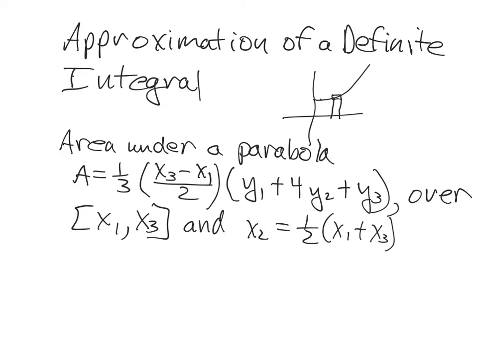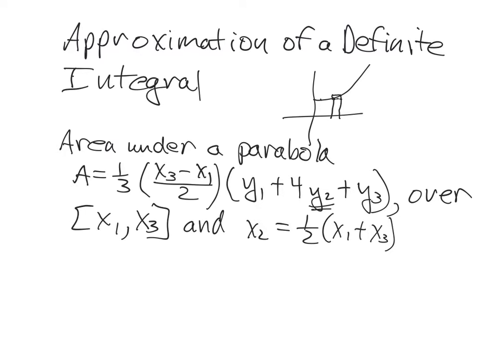And the only place x sub 2 shows up would be the function value for that x value, this y sub 2. So anyway, this is the area formula under a parabola.